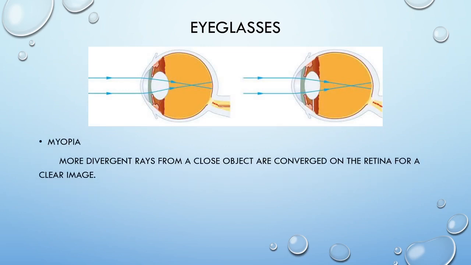In myopia condition, more divergent rays from a close object are converged on the retina for a clear image. Therefore, a nearsighted person can see close objects clearly.